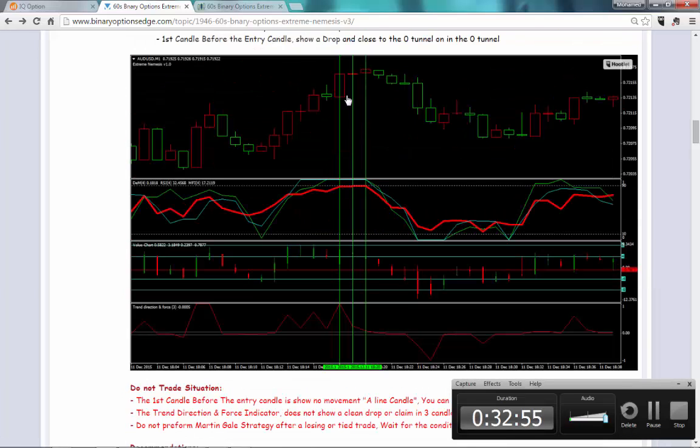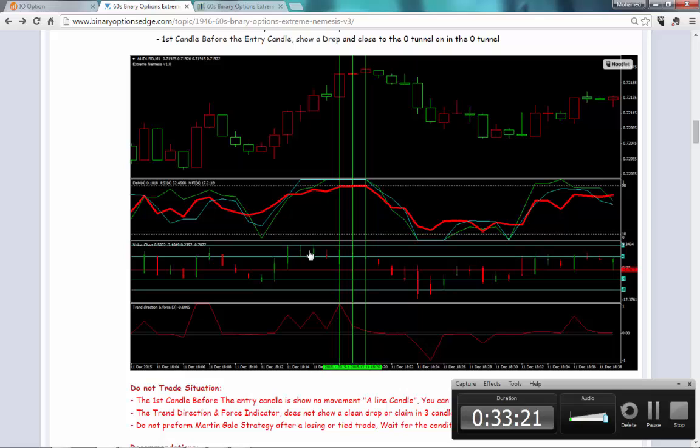If you plan to perform martingale, I don't really like martingales, but if you plan to do it, so far in the same trade, I have only seen two-step martingale. This is so far out of my own knowledge. I've seen only two-step martingale.